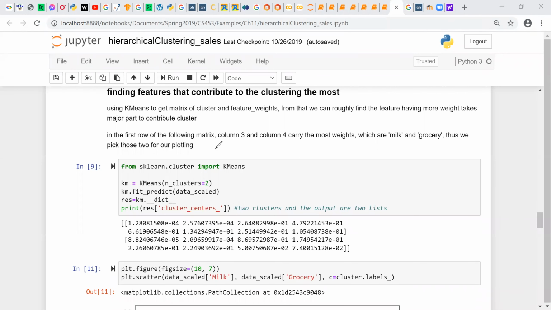When you have a number of features and you want to decrease the features, what we discussed is called dimensionality reduction.